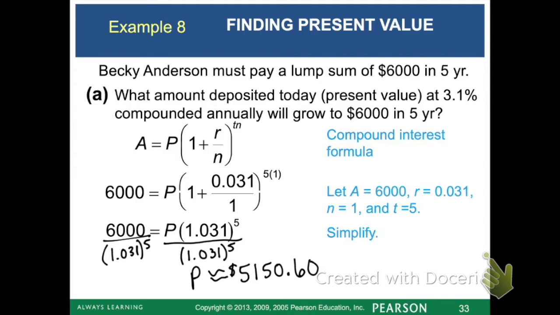Then we divide both sides by that 1.031 to the 5th power, and we get our answer of $5,150.60. So that's how much money she has to invest now in order to have $6,000 in 5 years.